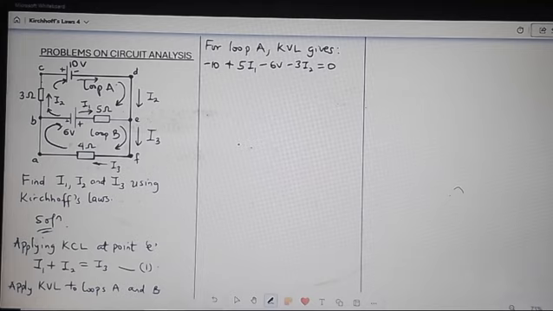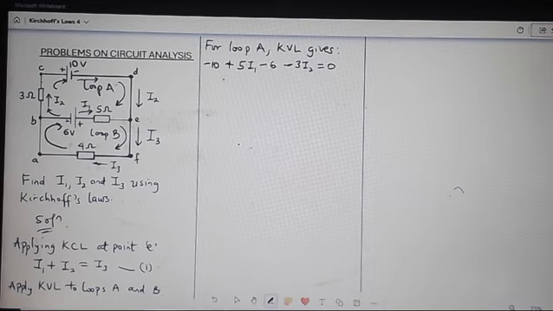So if we rearrange this equation, you can ignore the unit, the 6 volts here, just ignore the unit, okay? Let me just wipe it off. So we simply say minus 6 minus 3I2.